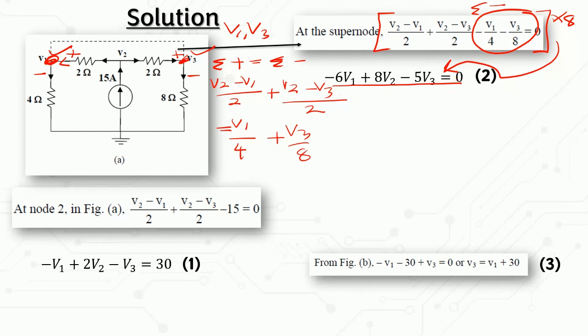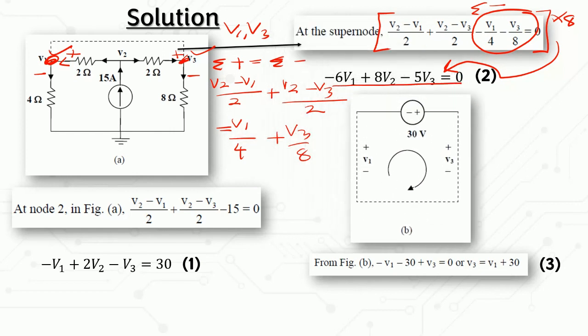Okay, and then you need another equation for this supernode. I showed you just now how to come up with this one. And you have another one at node V2, because you need to have 3 equations. So another equation at this supernode is at node V1 V3, and you have another one at V2 here.